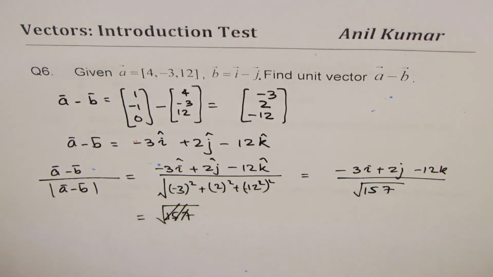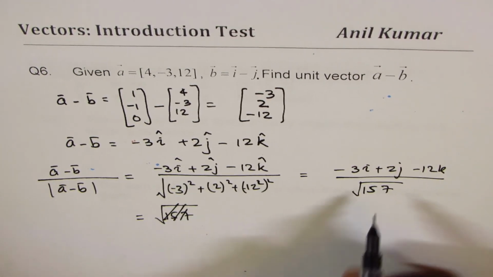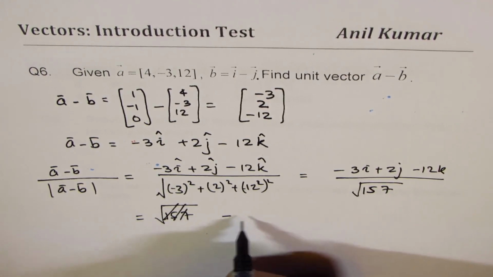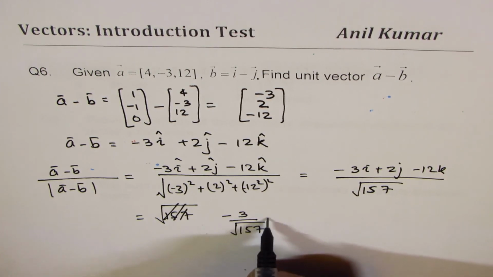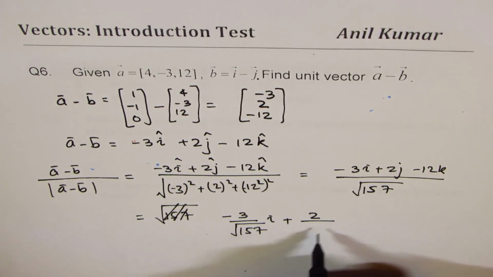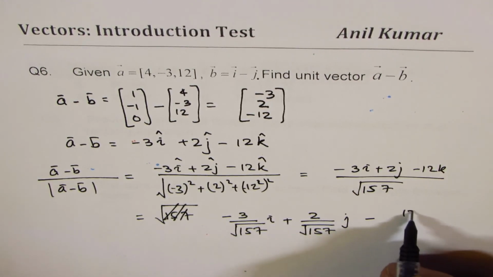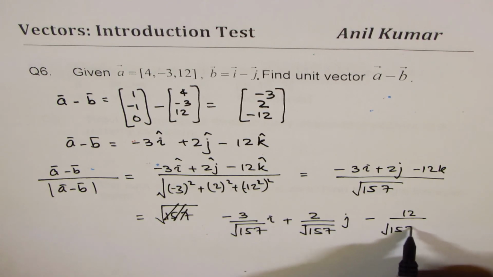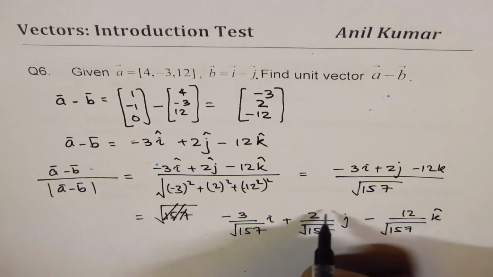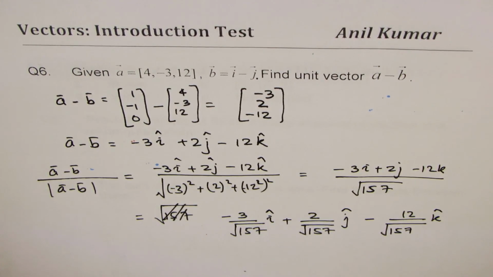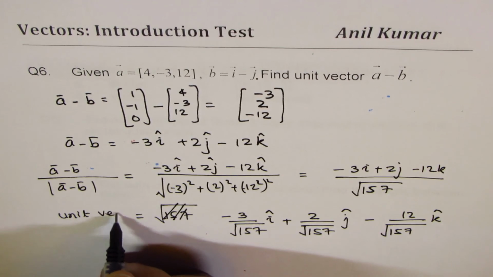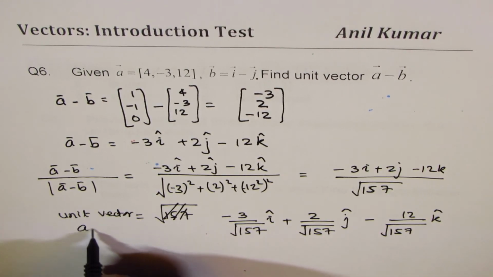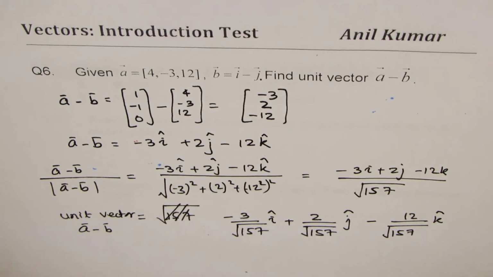So this magnitude is square root of 157. So the vector could be written as minus 3 over square root of 157 i plus 2 over square root of 157 j minus 12 over square root of 157 k. Right? So these are unit vectors, and that is the nomenclature. So that becomes the unit vector of A minus B. Correct? So that is our answer.